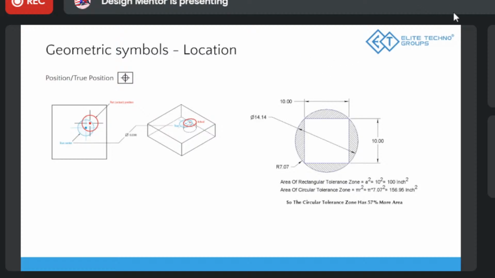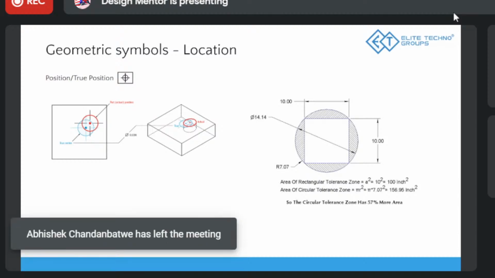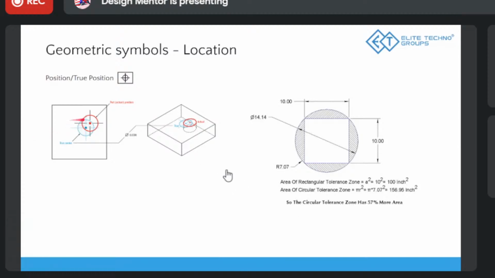You can have wrong dimensions, that's fine, but if it's not placed in the correct spot where you want it, it will not work. So this is very important. In a similar fashion, if we take a position and give a positional tolerance, we can draw a small circle, and only the center of the other circle should be within it, right?